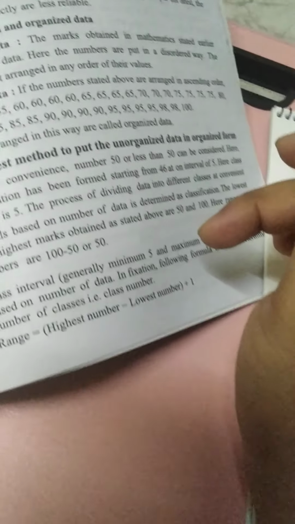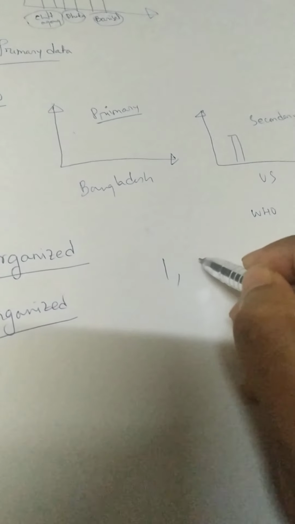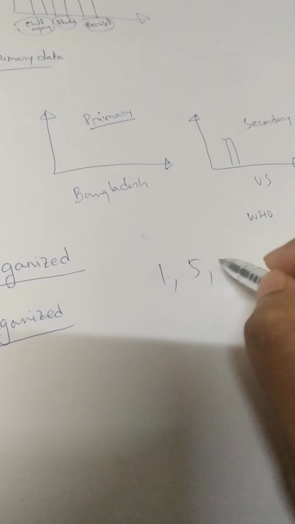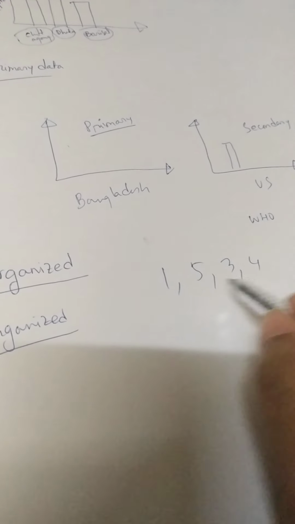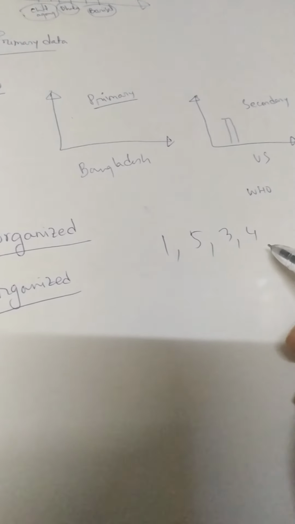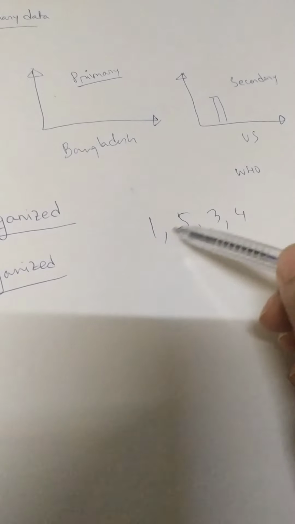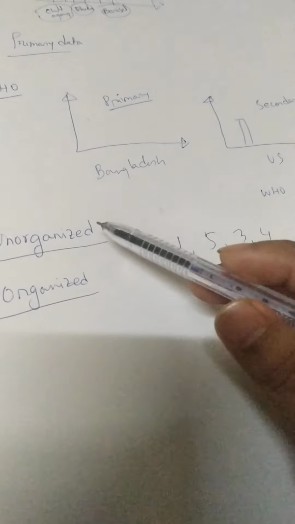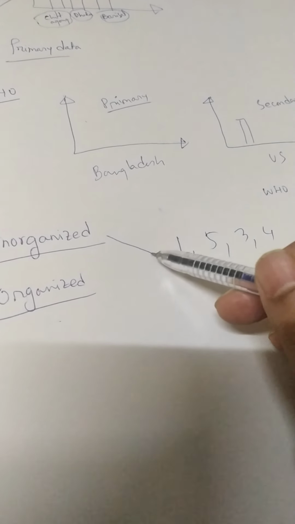Or if the data is in descending order. But for example 1, 5, then 3, then 4 is neither ascending nor descending order. So this type of data is not organized. Actually this is unorganized data.